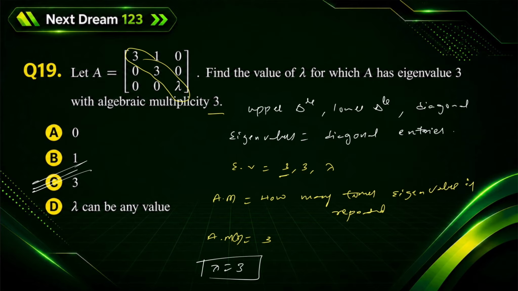What is geometric multiplicity? Geometric multiplicity is nothing but how many independent eigenvectors it has. That is the meaning of geometric multiplicity.